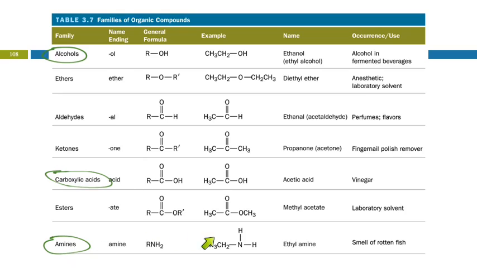We don't need to learn how to name it, we just need to recognize it. It's that nitrogen in there that makes it an amine. Carboxylic acids have a carbon with this OH group like the alcohols. There's the alcohols up there, OH group. Here's an OH group, but then this carbon is also double bonded to an oxygen.